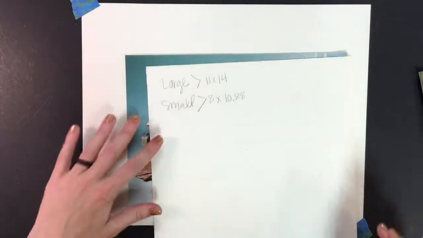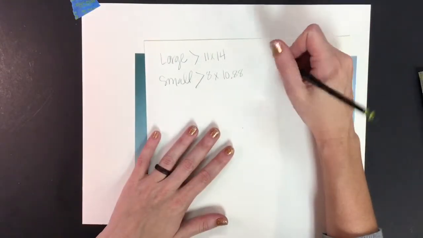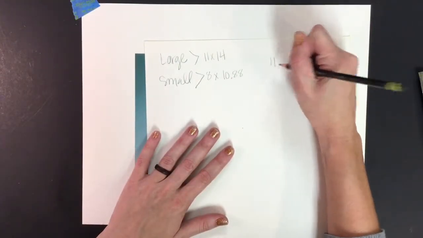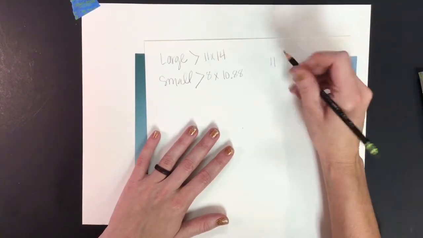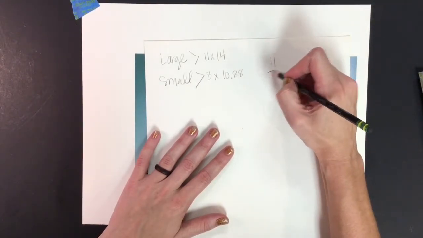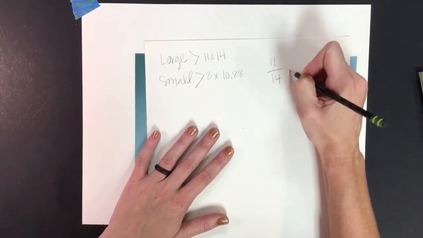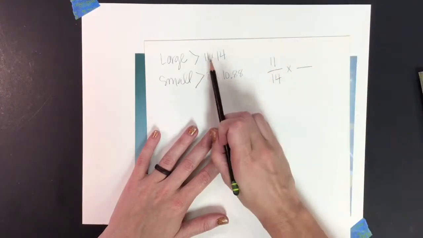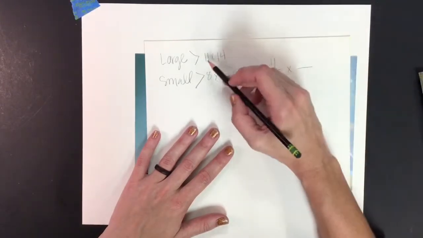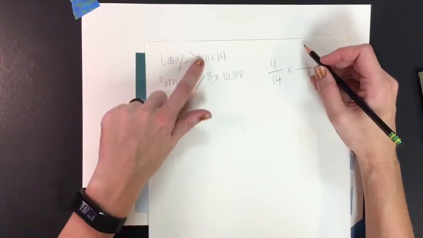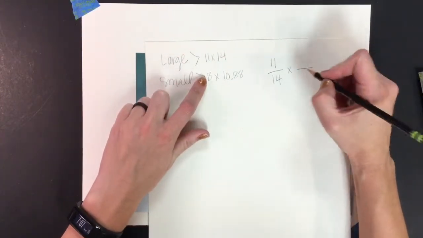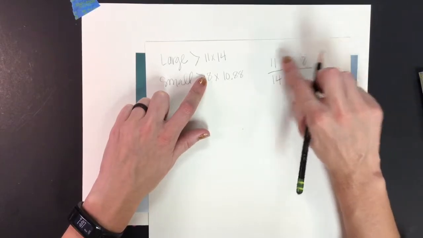So how I'm going to do this is set it up like a cross multiplication. 11 is our short side and 8 is our short side of each piece, so we're going to line those up across from each other.